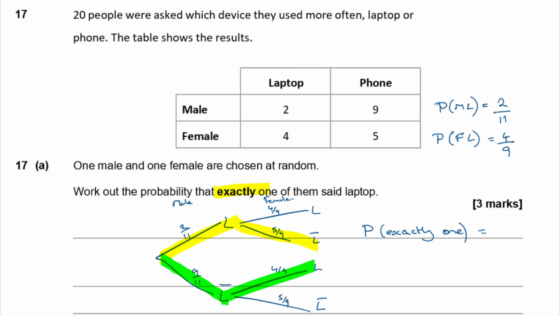So it's those two branches, isn't it? It's the branch laptop, not laptop, or, which is plus in the land of probability.